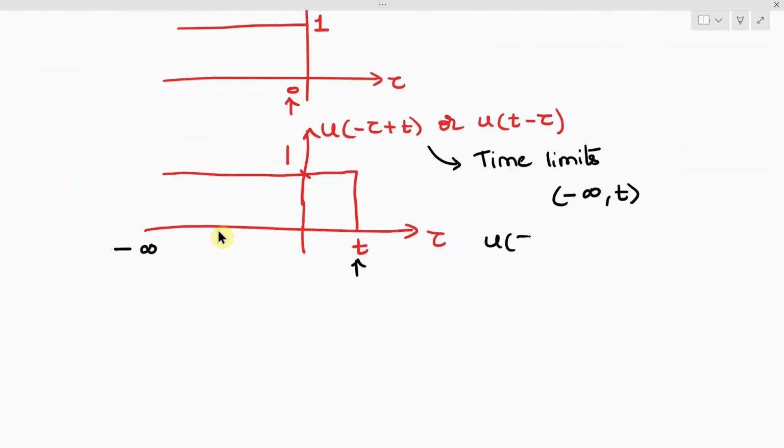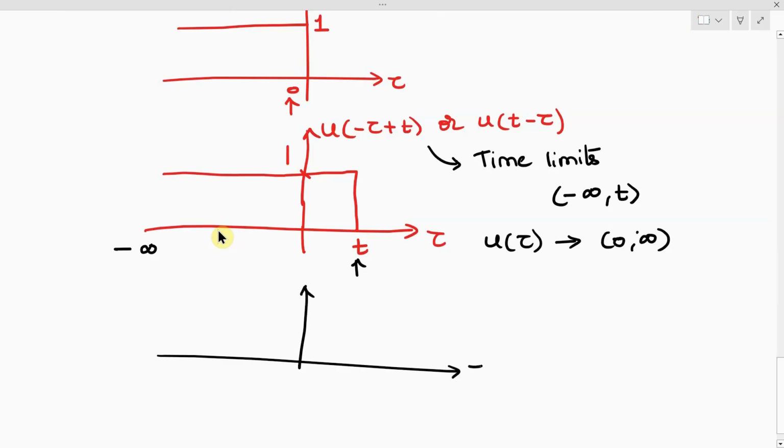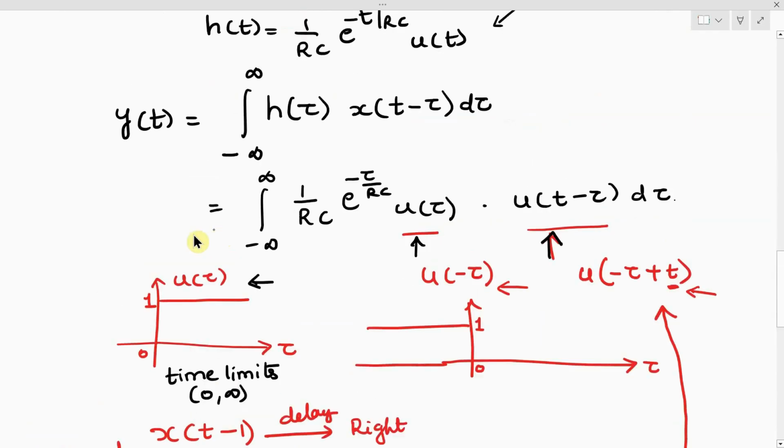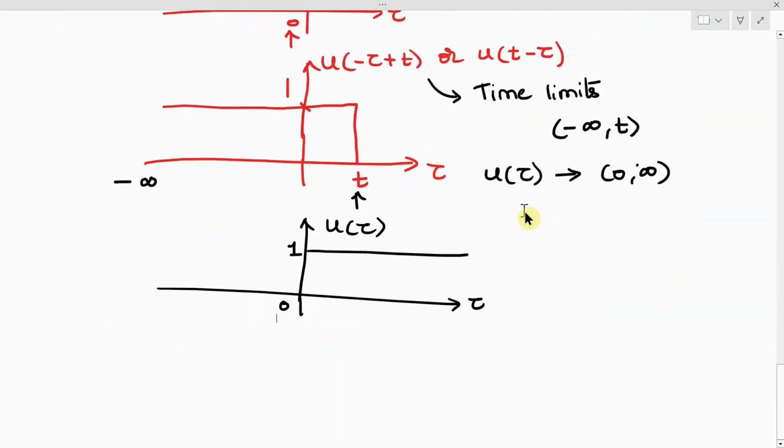So I am rewriting here. For u of tau, the limits are 0 to infinity. So maybe I can redraw that again. u of tau, this is 1, 0. Now, in the formula, after substitution, we see that it is a product of u of tau and u of t minus tau.